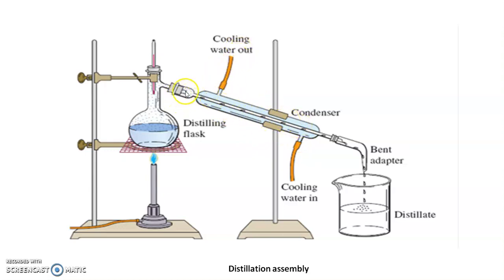The fumes of our distillate go from this chamber, the cooling water inlet and outlet cool these vapors, and these cooled vapors are collected into the distillate or a specific beaker. In this way the distillation process can be carried out.